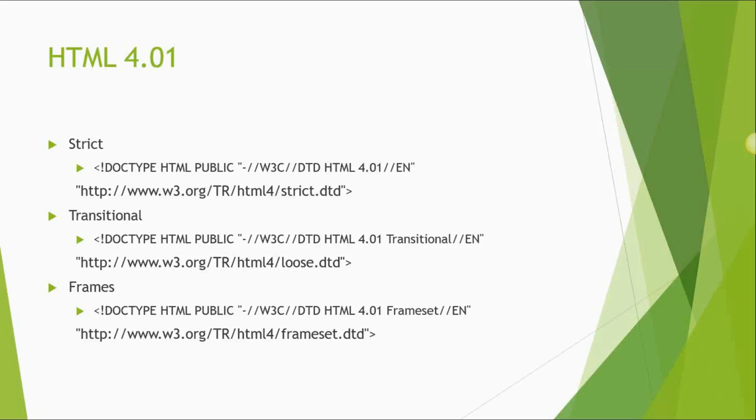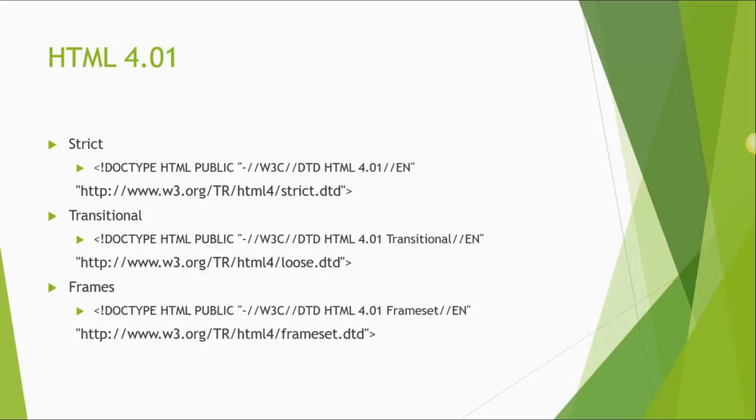But in transitional you can see that there's a mention of transitional over here, and if you see the URL, there is a loose.dtd. So actually it's loosely defined, that's why it's loose.dtd, and it supports the deprecated elements and attributes which were earlier there. The transitional is the majorly used document type in 4.0.